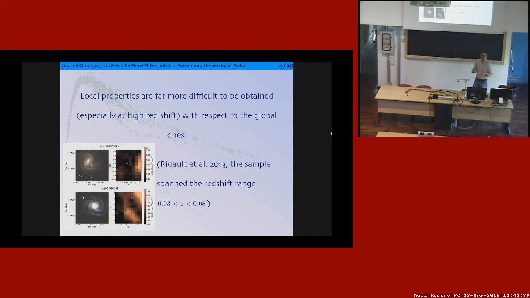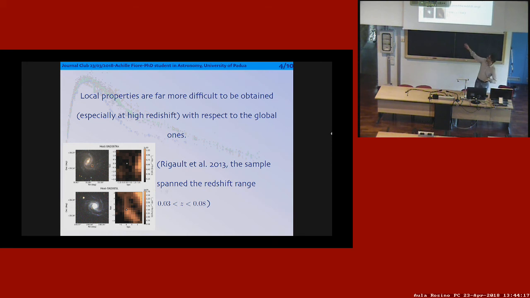When I speak about local properties, I refer to the properties of the region where the supernova exploded, and you can surely understand that they are far more difficult to measure, at least for high redshift galaxies. There are some dedicated studies, but for nearby galaxies, and because we want to use these properties for cosmology, we aim at observing at high redshift, and so we cannot use just these studies.